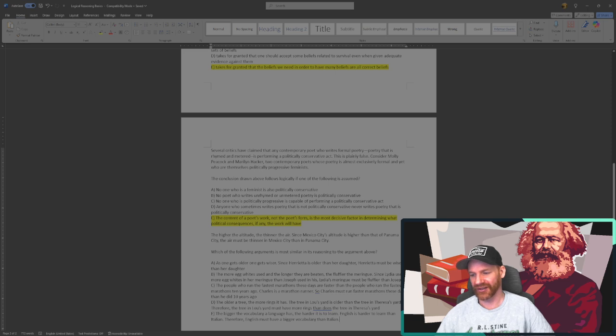Where this is making a totally different type of statement, even, that this is a quality thing, and we're comparing two quantity things. The higher, the thinner.